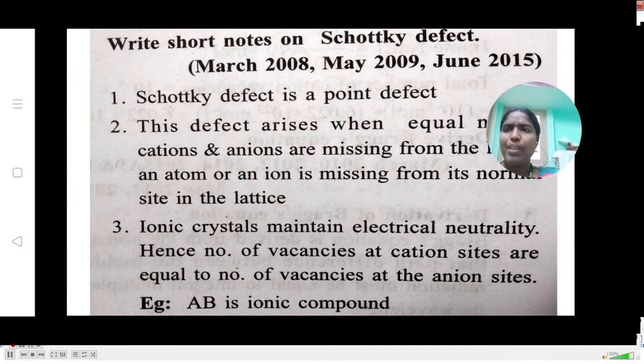Next question. Write the short notes on Schottky defect. So in this, first, Schottky defect is a point defect.